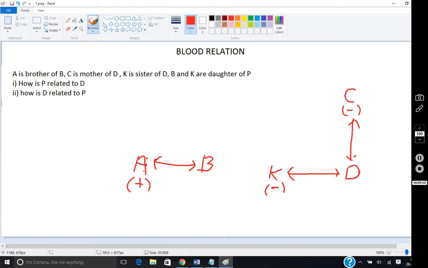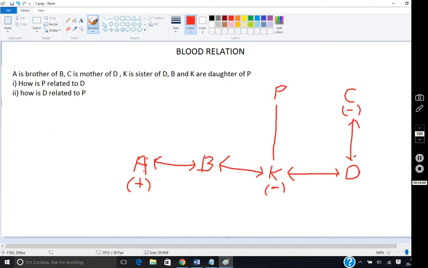B and K are daughters of P. That means B and K will also be siblings.